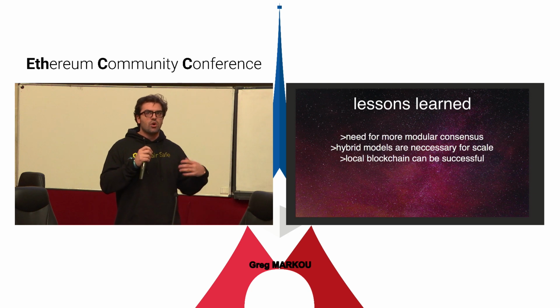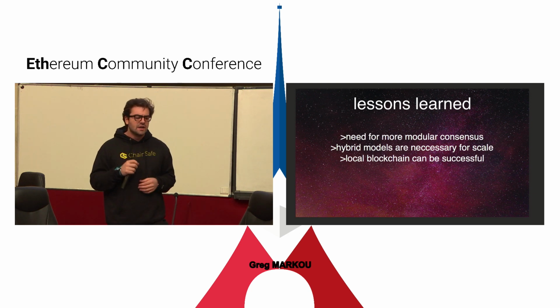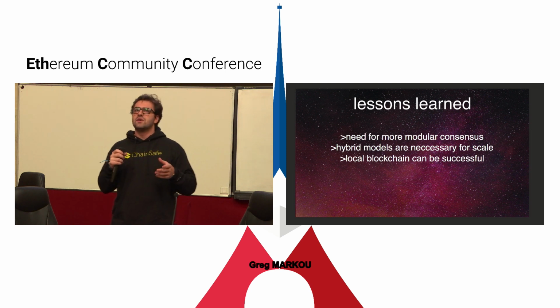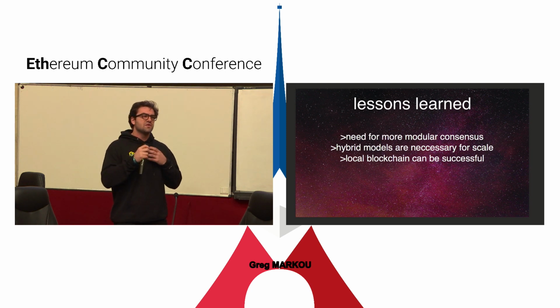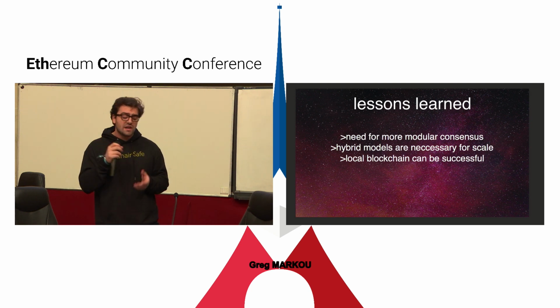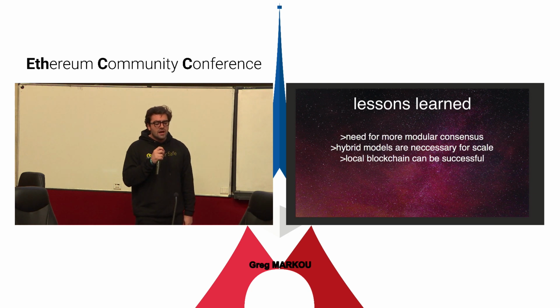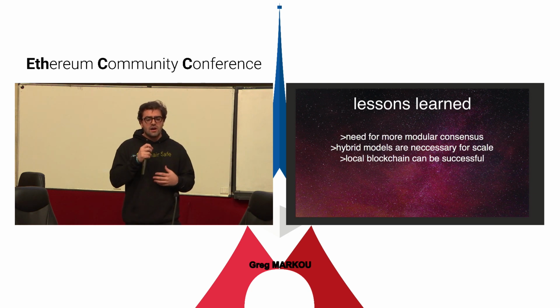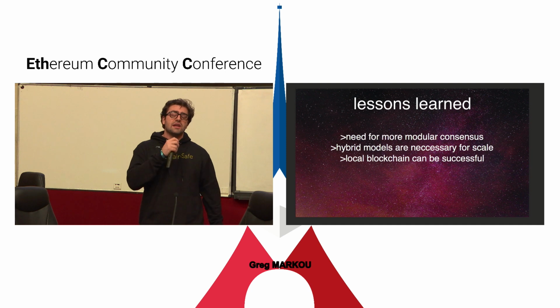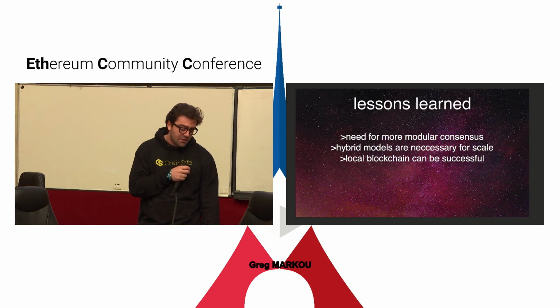Consensus: we need more modular, hot-swappable consensus within these sidechains. Right now, it's really difficult. You have to implement your own swapping mechanism if you want to change consensus halfway through. If we can achieve that, then you can have a blockchain and solutions that work for you very well.